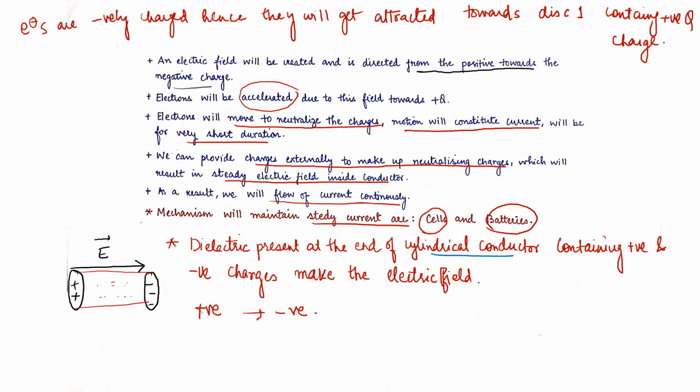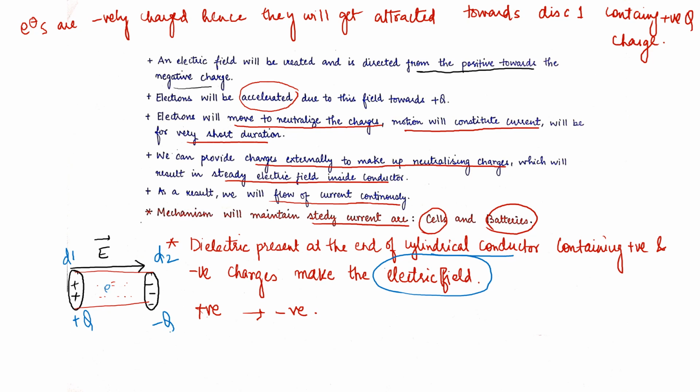Second thing we did, we brought disc 1 and disc 2 containing plus Q charge and minus Q charge, and we added these discs at the circular ends of the cylindrical conductor. Then discs D1 and D2 started behaving like the ends and induced the electric field. The electric field is directed from plus Q to minus Q.